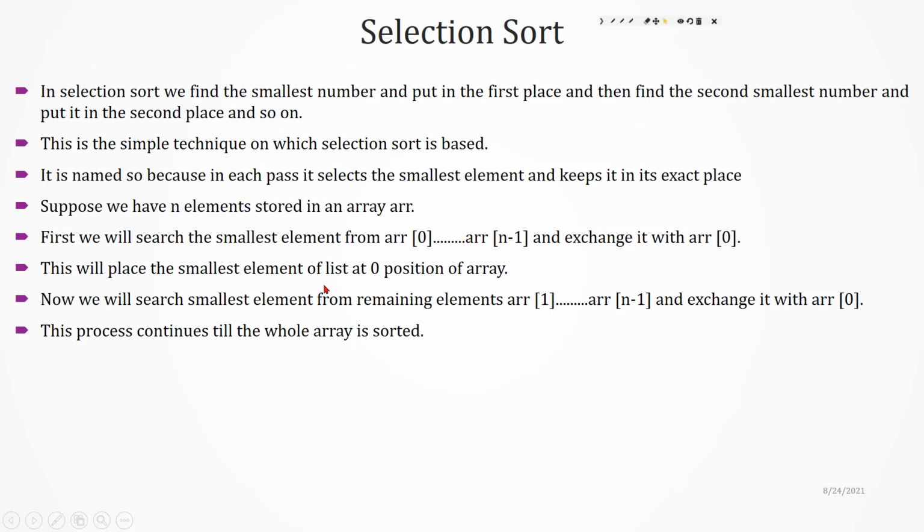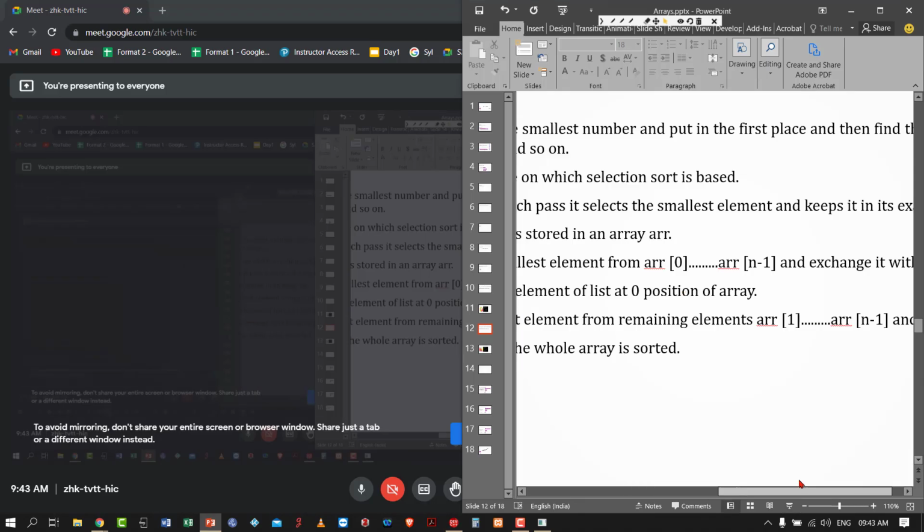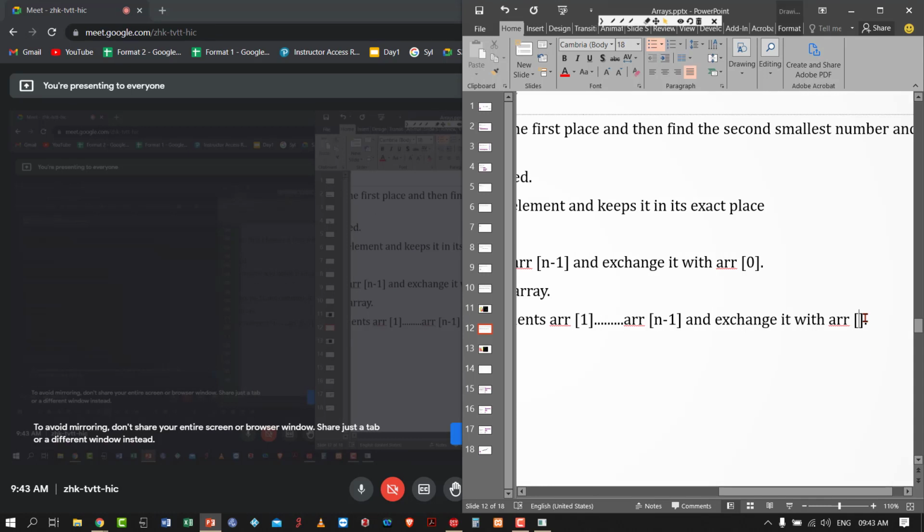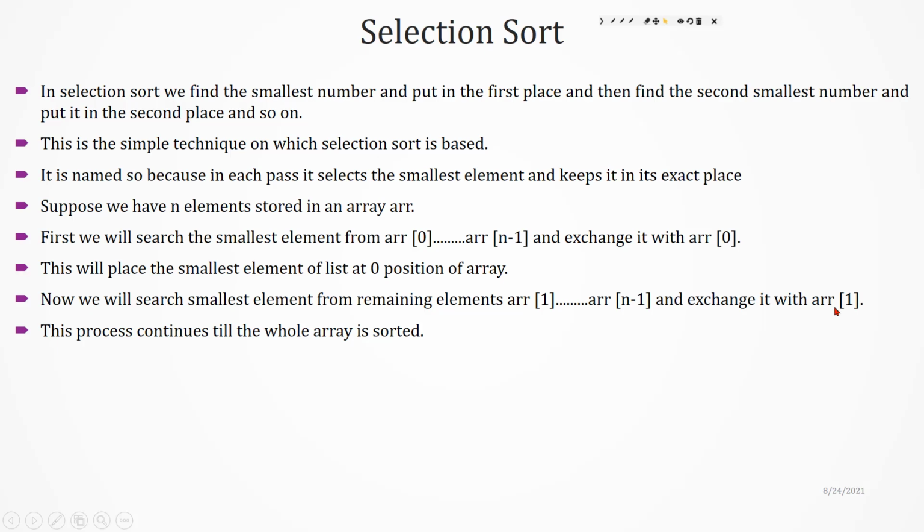This will place the smallest element of our list at 0 position of the array. Now we will search for the smallest element from the remaining elements, ARR of 1 to ARR of n minus 1, and exchange it with not ARR of 0, it is ARR of 1. This process continues till the whole array is sorted.